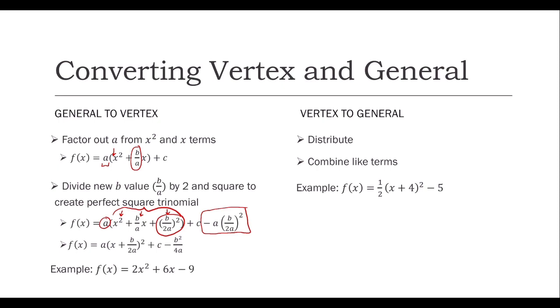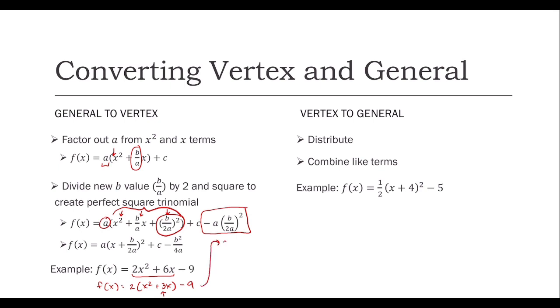So we'll go ahead and do this example. So we have f of x equals 2x squared plus 6x minus 9. So we'll factor a 2 out from here. So we get f of x equals 2 times x squared plus 3x minus 9. Our b value over 2 is 3/2.